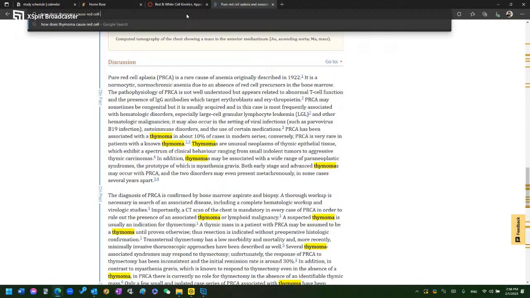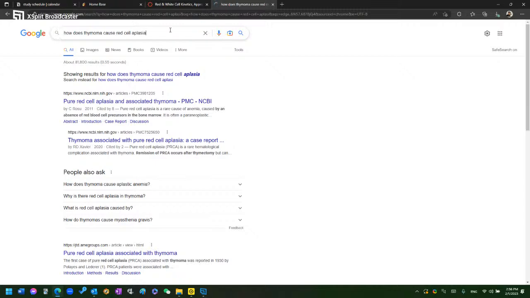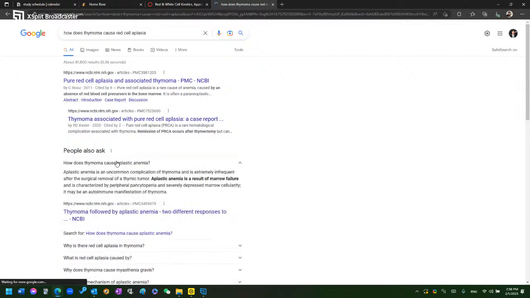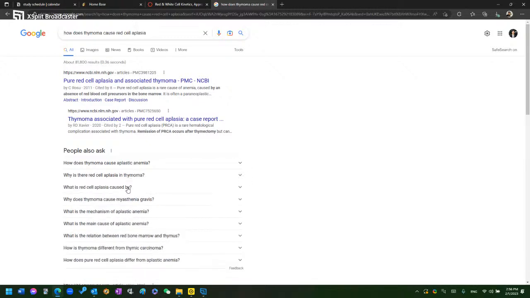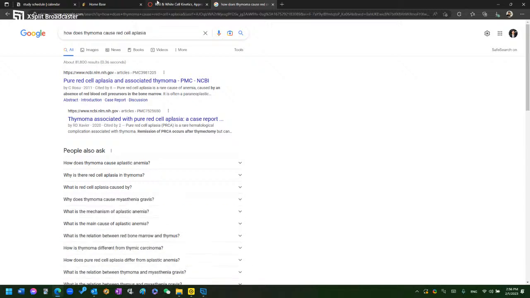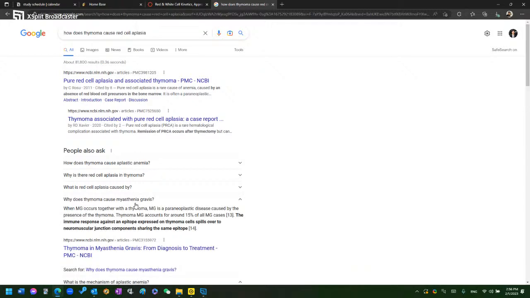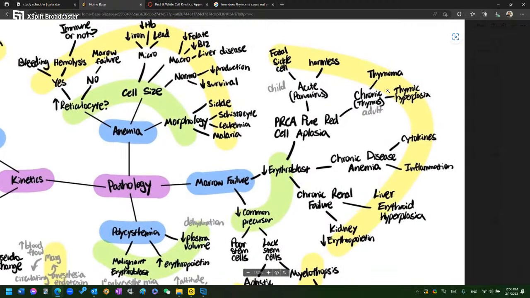Cause red cell aplasia, sorry. Oh, okay, understood. Yes. Okay, a thymic lesion. Okay, understood. So that would be more of a autoimmune problem right here.